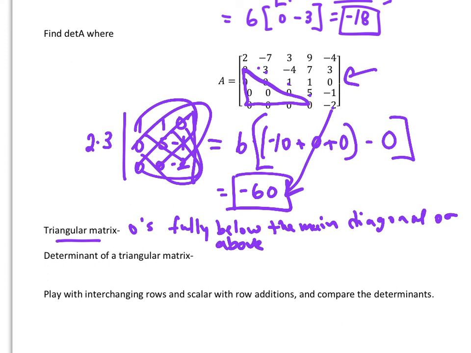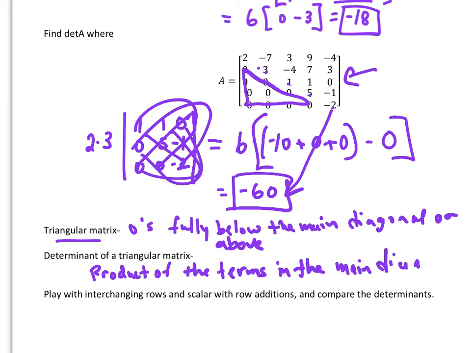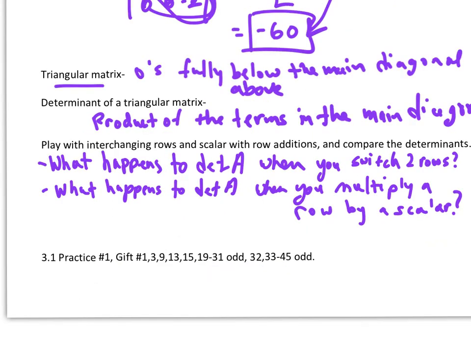When we have a triangular matrix, the determinant of the triangular matrix will just be the product of the terms in the main diagonal. That's it. Wow, cool.